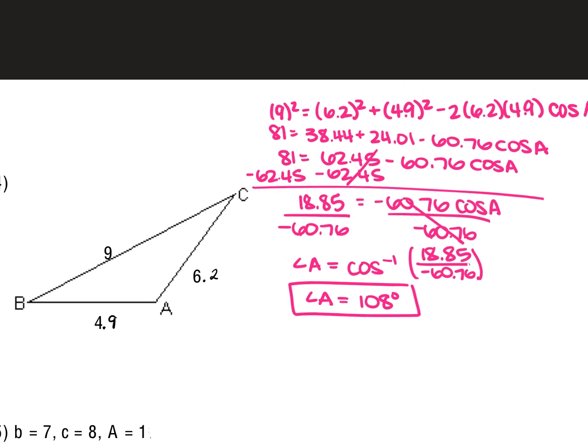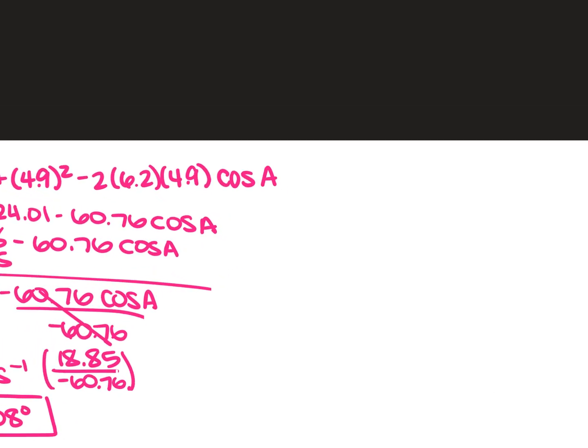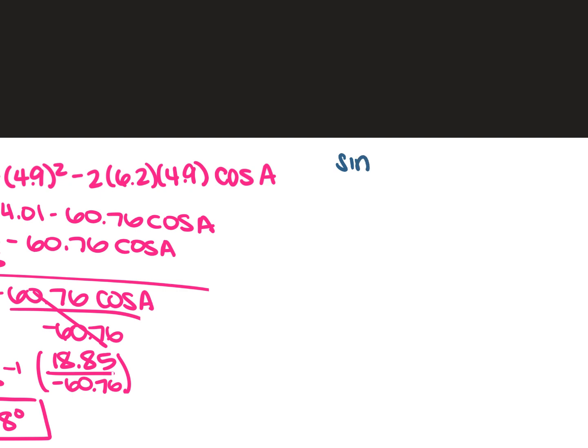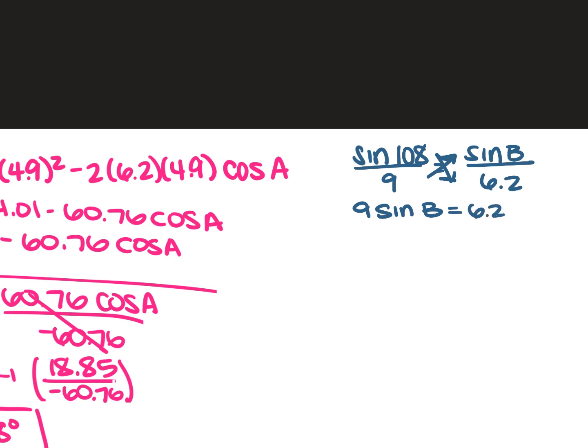To find our next angle, which we can do with angle B, we are going to do law of sines. So that's going to give us the sine of 108 over 9 is equal to the sine of B over 6.2. Cross multiply, that's 9 times sine B is equal to 6.2 sine 108.